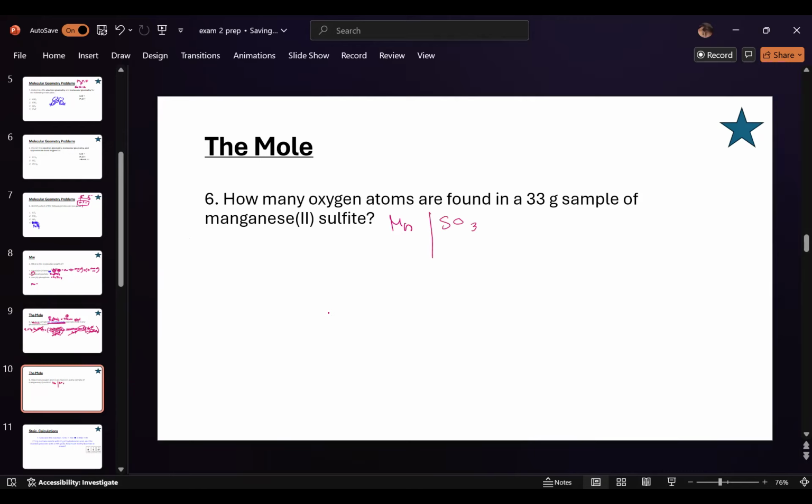SO3 minus 2, and then you have a charge of plus 2. I wouldn't have to do anything here, so it's just MnSO3. You start with what you're given: 33 grams of manganese 2 sulfite.